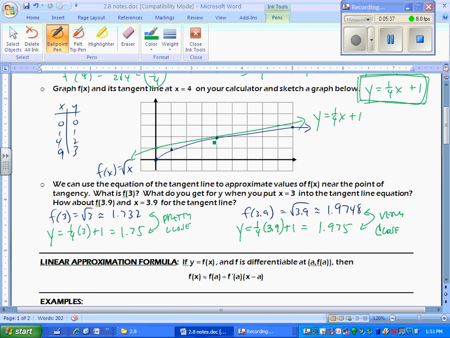So it works for anything that's close to x equals 4. If we tried this when x was like 0, obviously those aren't very close, because we have 0, 1 and 0, 0. But if they're close to that point of tangency, close to x equals 4 in this case, that means our approximation is going to be pretty close.